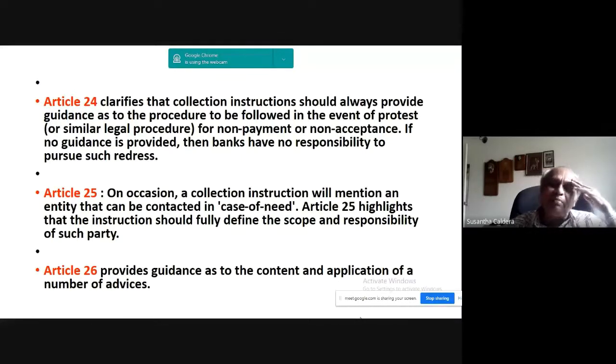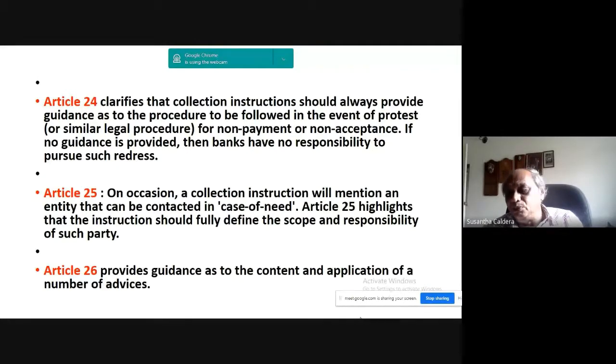So, for example, now we have received a set of collection instructions. In the set of collection instructions, it says, case of need, Mr. M.J. Pereira, and M.J. Pereira's address and contact number is there. So, the drawee has not paid the bill.